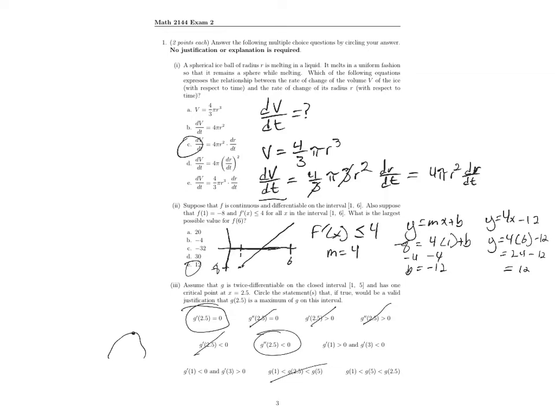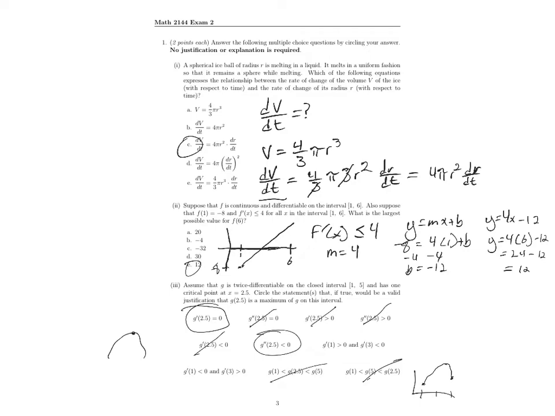For the last one, if g of 1 is less than g of 5, which is less than g of 2.5, that's still not enough for us to say that g of 2.5 is the maximum, because we could have something happening where the maximum is really at g of 3. For example, our graph could look like this, where here's 1, here's 5, so here would be 2.5, and our graph might look something like where the maximum is not at 5, 1, or 2.5, but instead somewhere over here. So we know this isn't true.